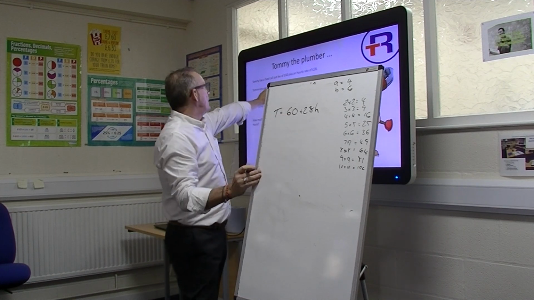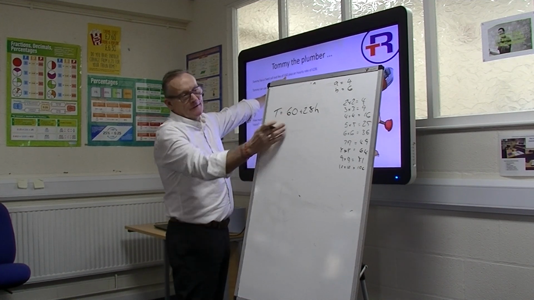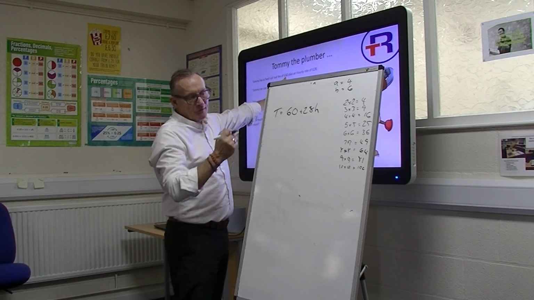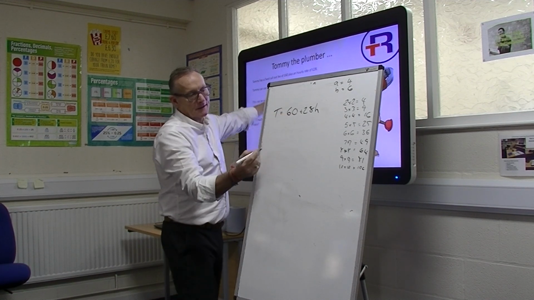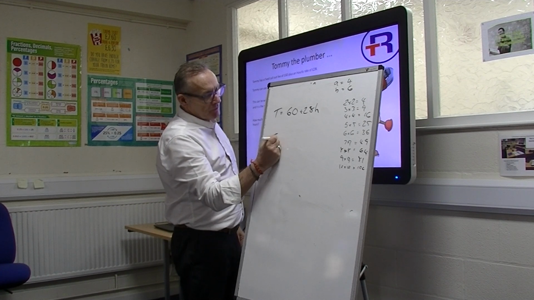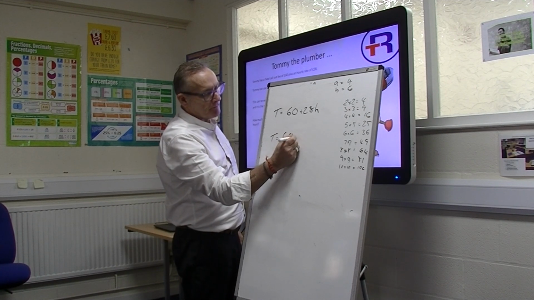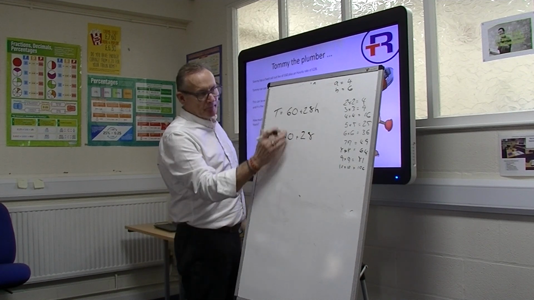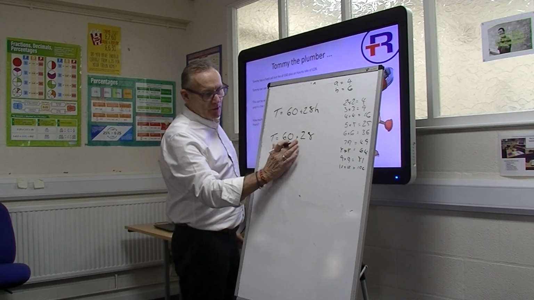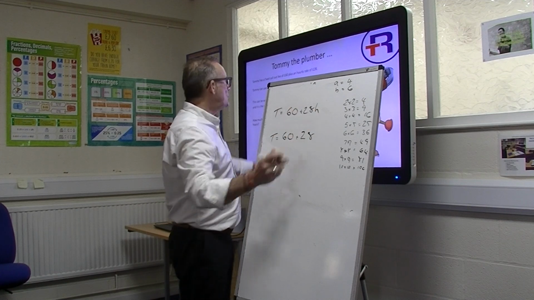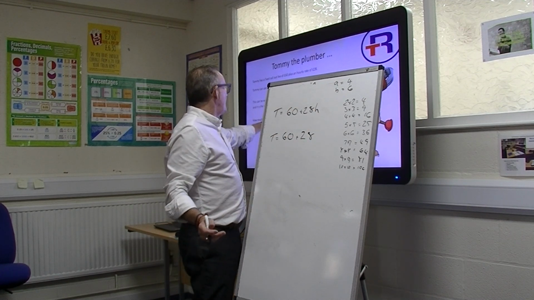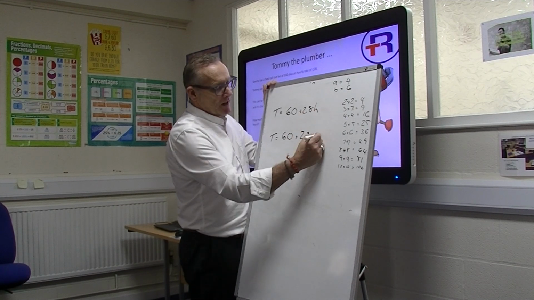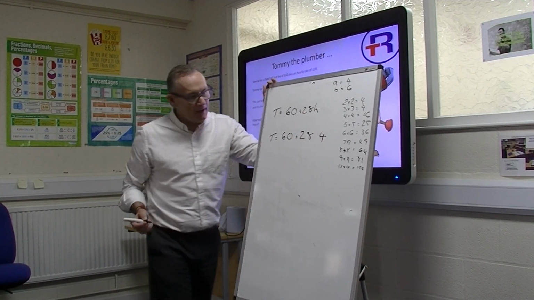The 60 in the question is his call-out fee of 60 pence, like with Swiss Tony, the 2,400. So we just rewrite the sum. They don't change, they're already numbers. The h is the number of hours that he's worked. Tommy worked for 4 hours, so the h becomes a 4.